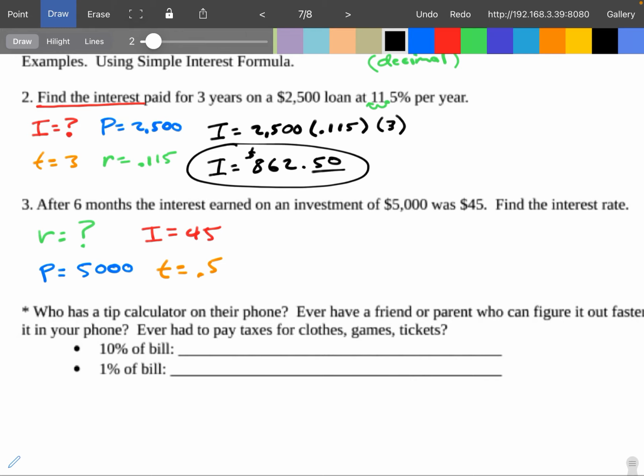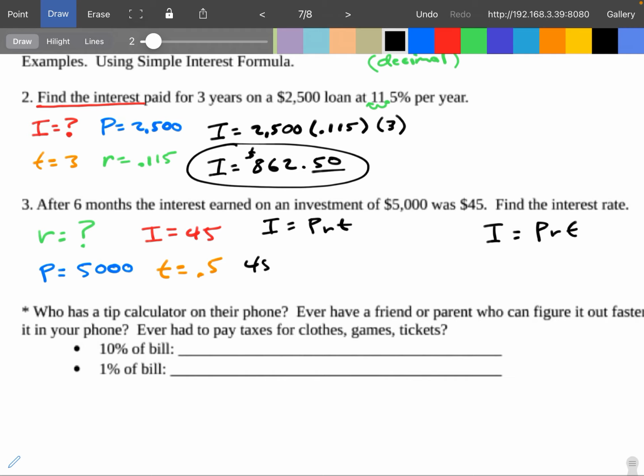Okay, so let's plug those in the formula. So I'll write the formula here again so you can see what I'm doing. So again, it's I equals PRT. Yeah, you could have used 1/2. Okay, so plug the numbers in there.